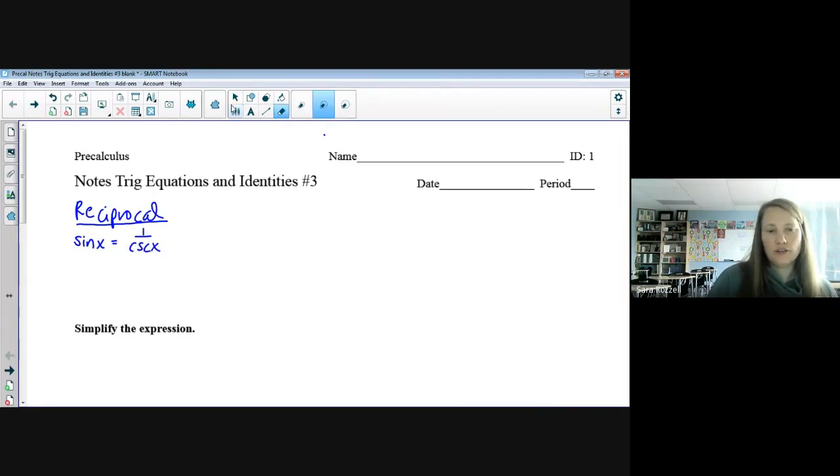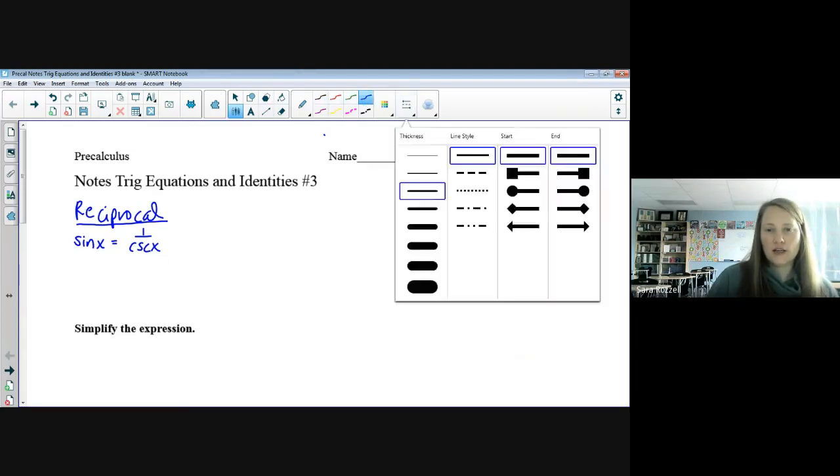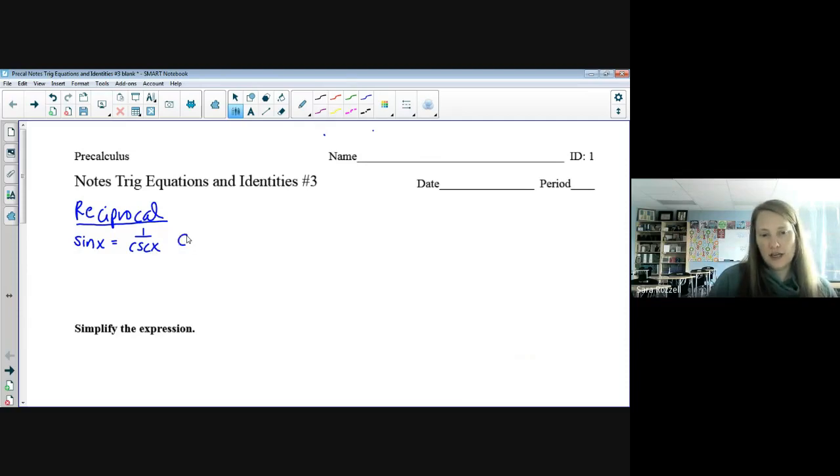Reciprocal is doing 1 over something. So sine is 1 over cosecant. That is the first identity. In the same way, if you see cosecant, we can replace it with 1 over sine, since those are reciprocals of one another. These are our first two identities.